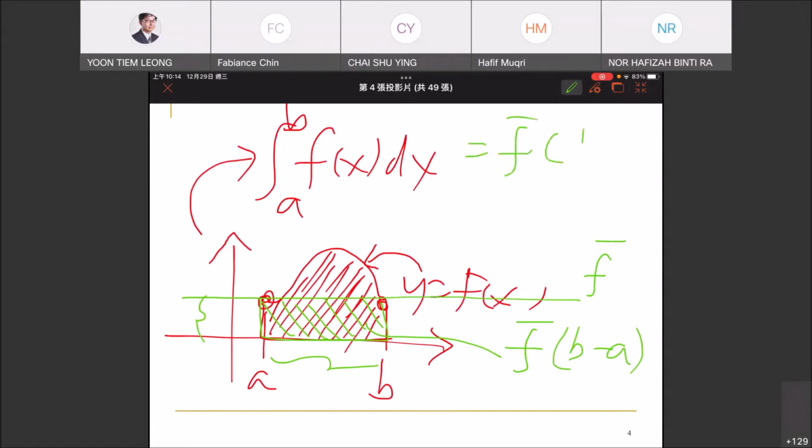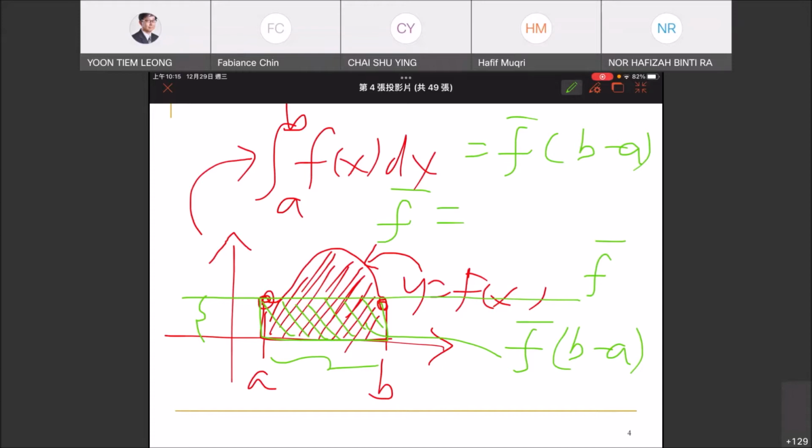If you can find a number f bar which represents the average of the function f(x) from a to b, then this gives you an estimate that describes the average value of the function.